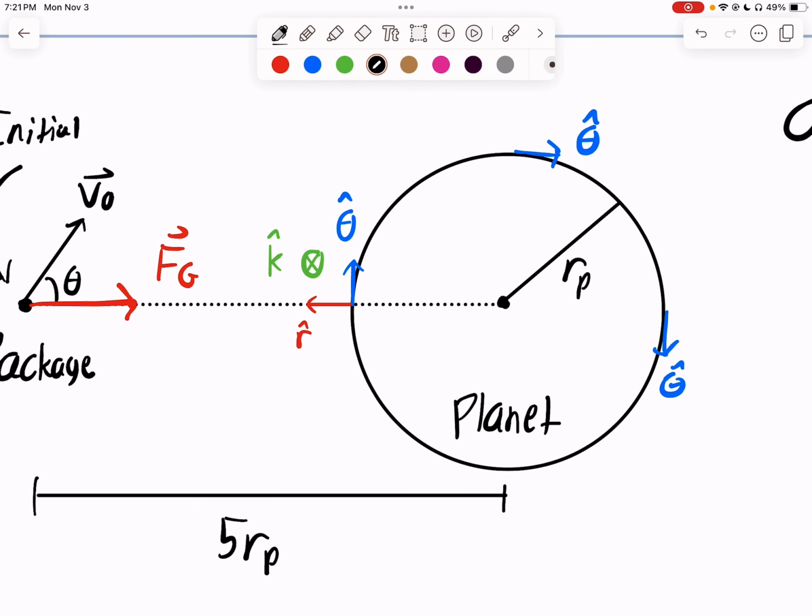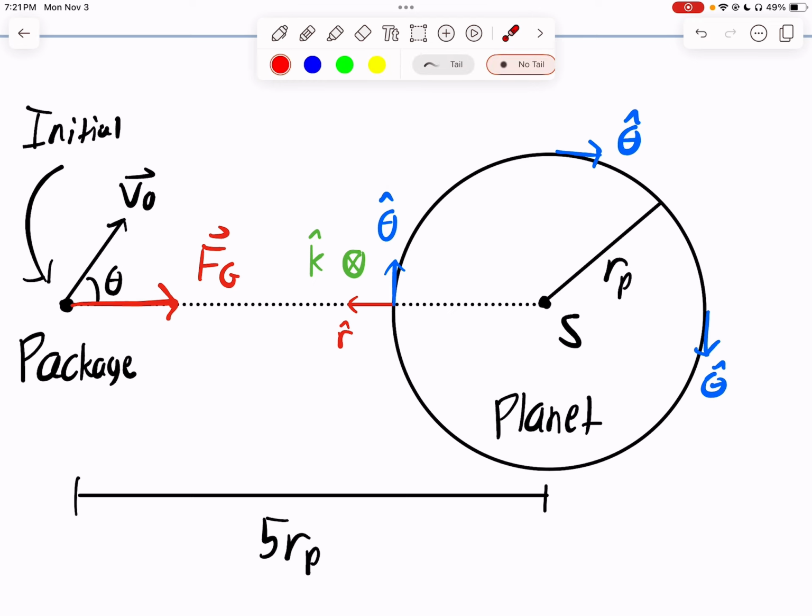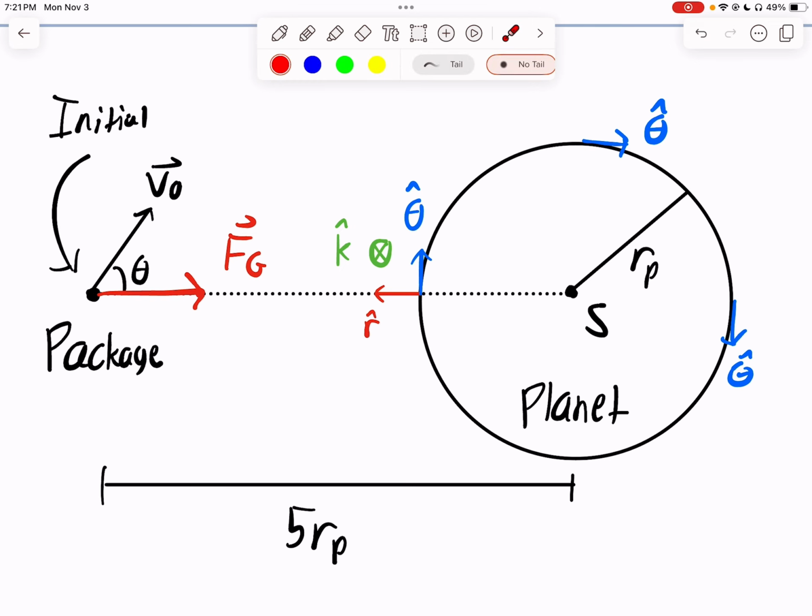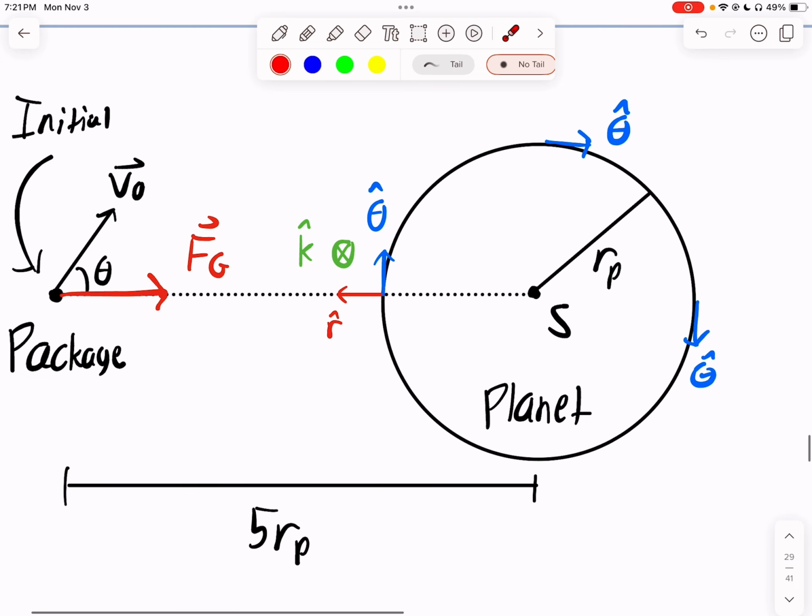However, if we define S to be at the core of the planet that's attracting this package towards it, then no matter where the package is, your radial vector pointing from S to the package will always be aligned with the gravitational force pulling the package towards the planet.